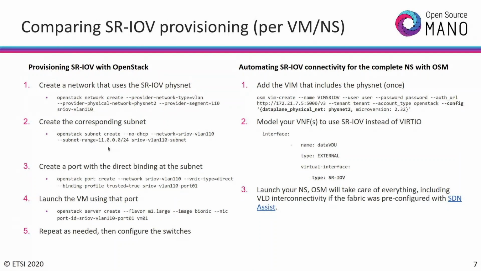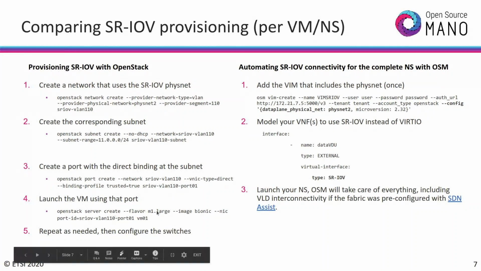Then you need to create a subnet belonging to that network. Then you need to create the port and say that this is a direct type of port. I mean, it will go directly to the NIC. Then you will need to launch the VM assigned to that port.